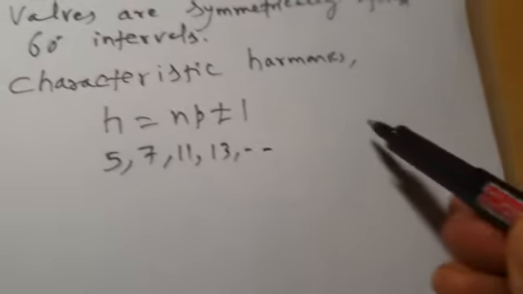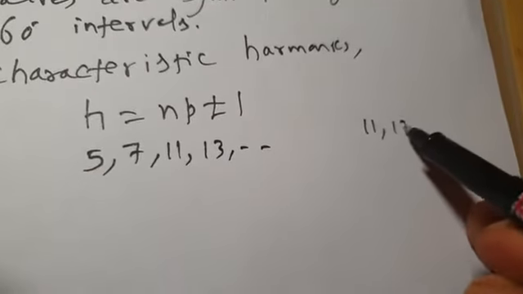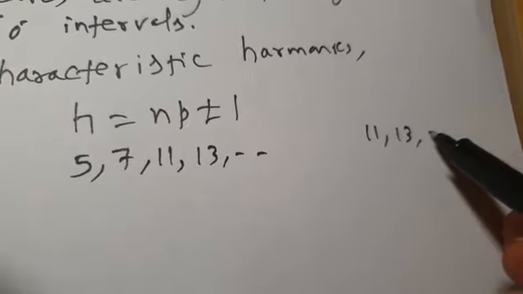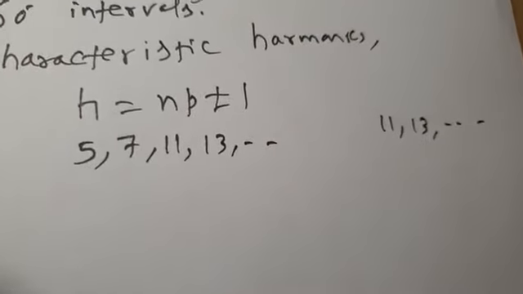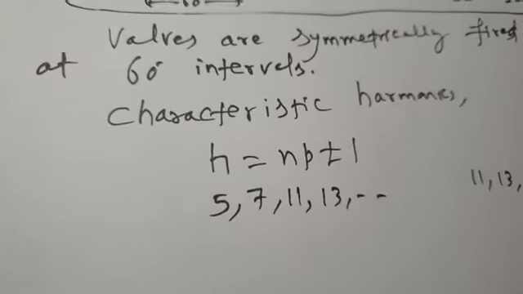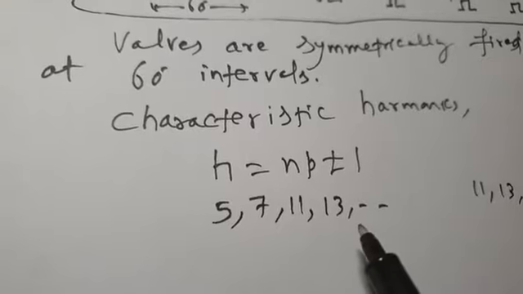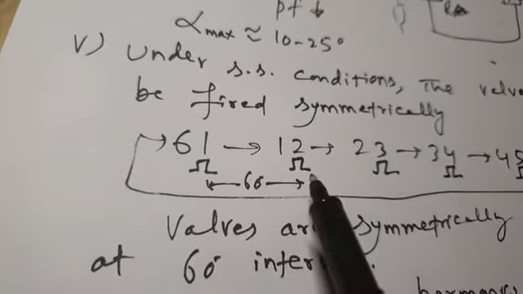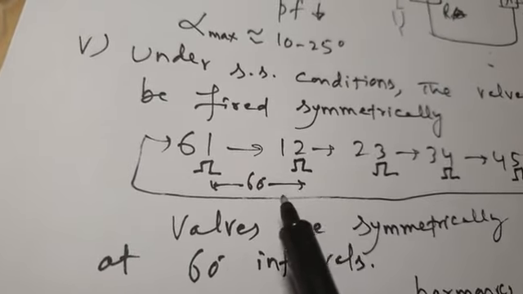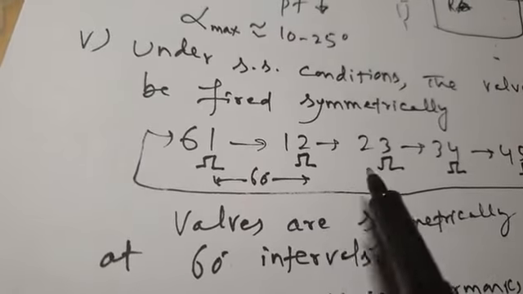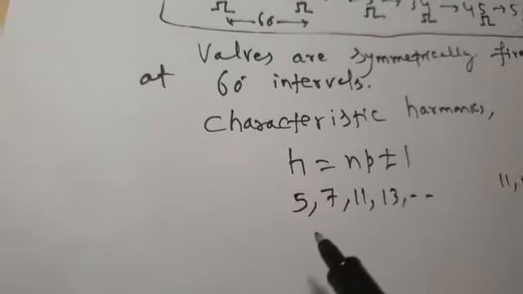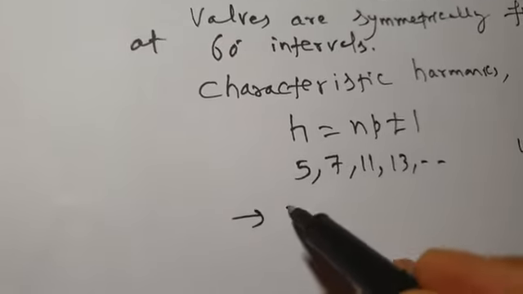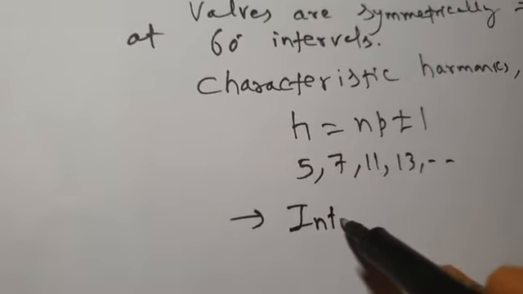And for a 12 pulse converter, the harmonics are 11, 13, and so on. These are called characteristic harmonics. These are the normal harmonics. But if you change the firing sequence during the faulty conditions, during the mal operations, then in addition to characteristic harmonics, interharmonics will also be there.